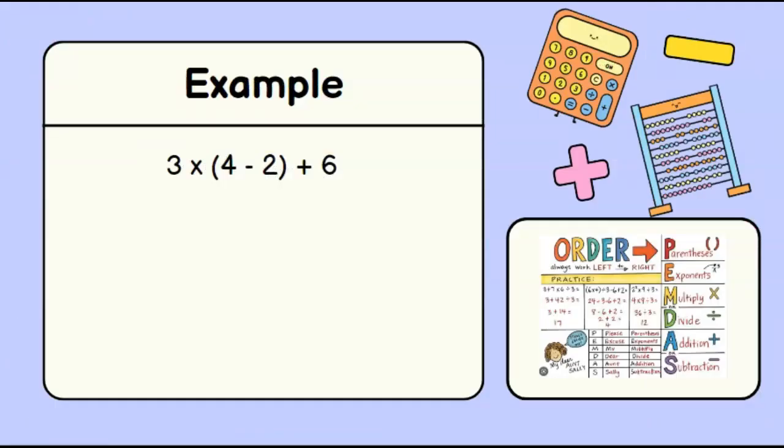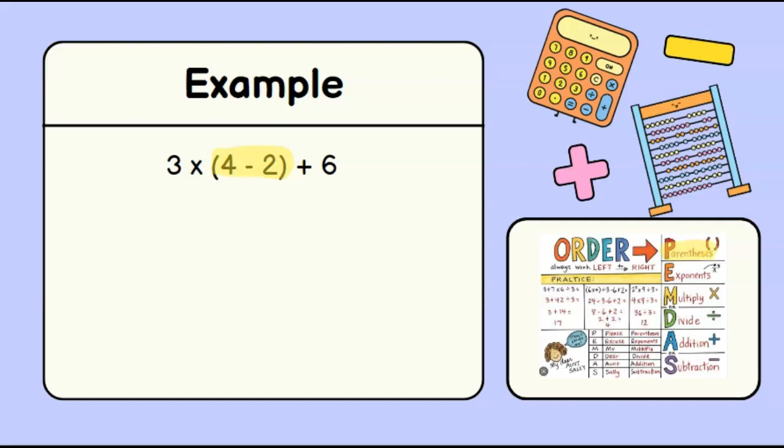An example of using PEMDAS for order of operations to solve a numerical expression. If we look here first, we can see that we have an operation within our parentheses.